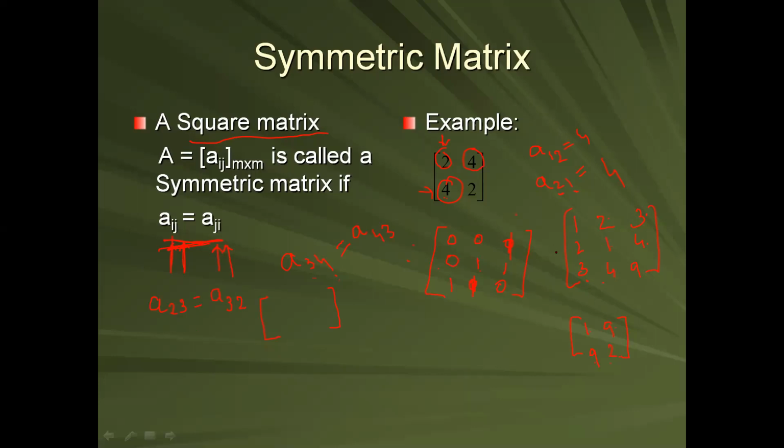In this, second row and third column means this 4. So third row, second column. Third row is this, second column is this. So what element is this? This is also 4. Okay? So Aij should be equal to Aji. So it is called a symmetric matrix. Clear? Yes, ma'am. Clear. Okay.